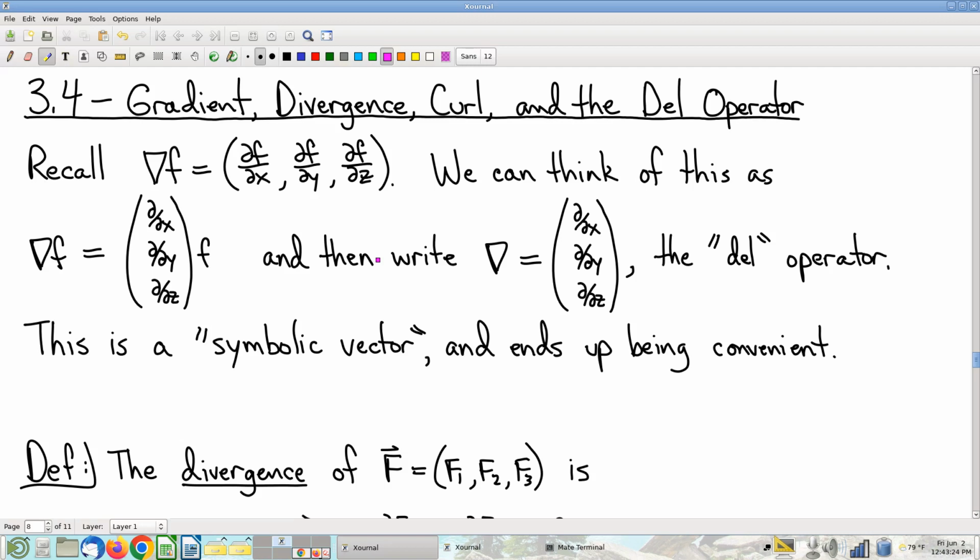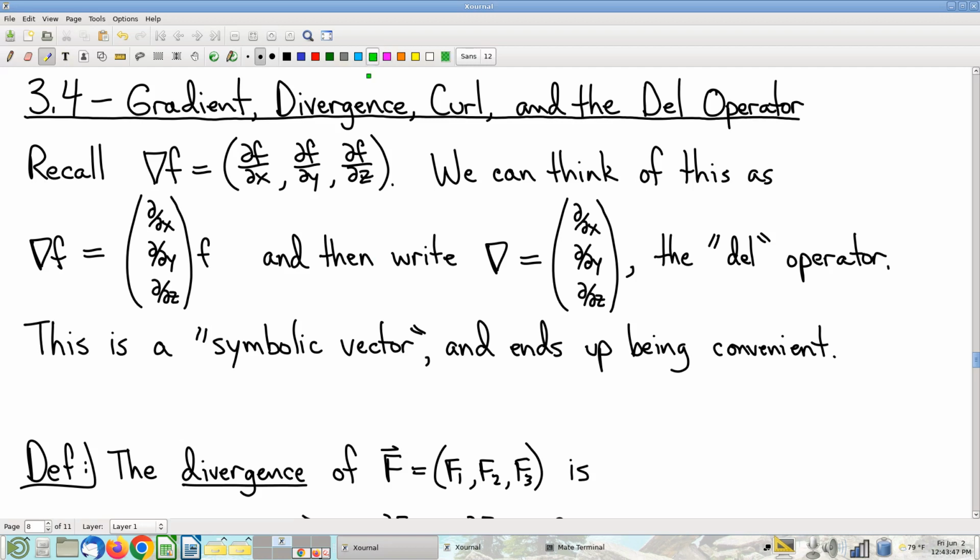That's my theory. That said, since we don't have the proper tools, several times in this discussion I'm going to have to say, trust me. We'll get to it later, the supporting ideas will be there later, and then we'll be able to make a better treatment. Okay, so there we go.